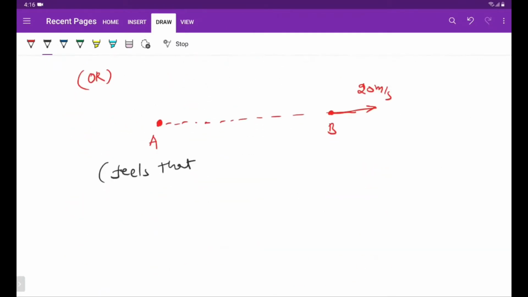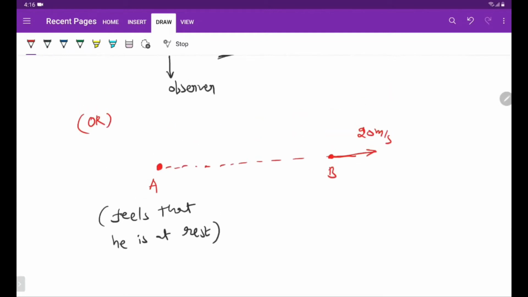Now A is the observer, and A feels that he is at rest. So add the speed of A to car B in the opposite direction. Car A's speed we know already, 10, so add 10 meter per second to B on the left side.